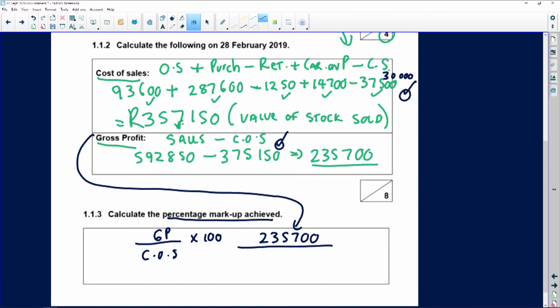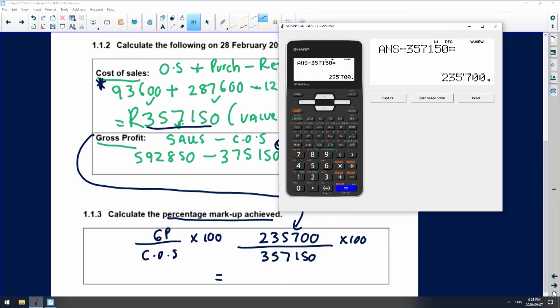So that's my gross profit. Sales minus cost of sales, gross profit, divided by cost of sales. So your cost of sales also calculated previously, a total of 357,150. Okay, so let's get the calculator out and let's calculate the average markup achieved for this particular financial year.